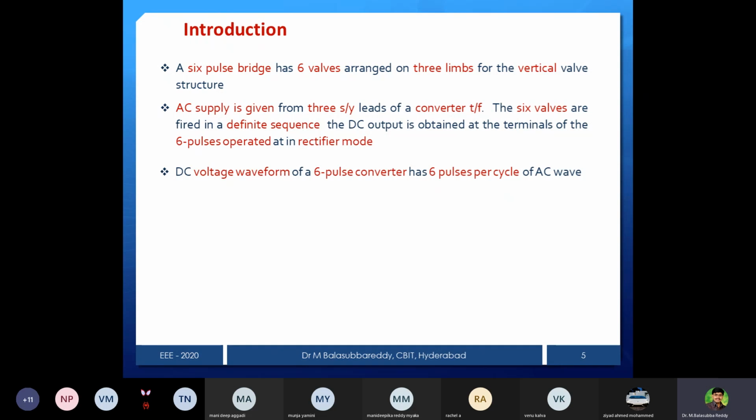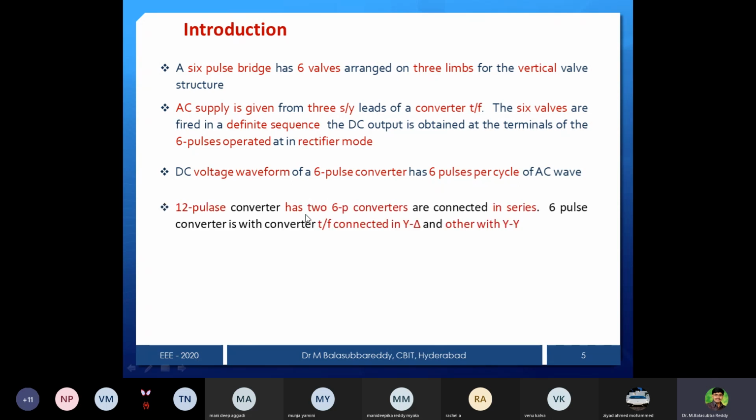That is the pulses we generate in the 6 pulse converter. Similarly, a 12 pulse converter has two 6 pulse converters connected in series.